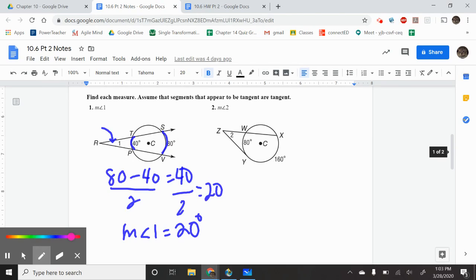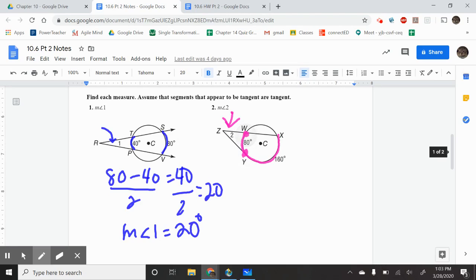Number 2 also is asking you for the angle on the outside, but this time, unlike number 1 where we have 2 secants, here we have a secant and a tangent. We have 80 degrees here, we have 160 outside. Now remember, these two arcs are separated by this intersection of the tangent.